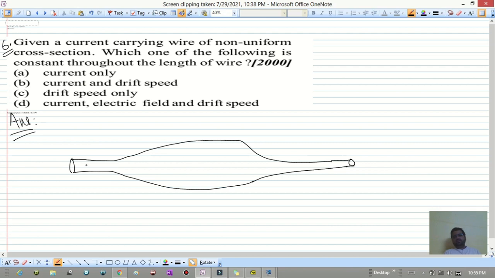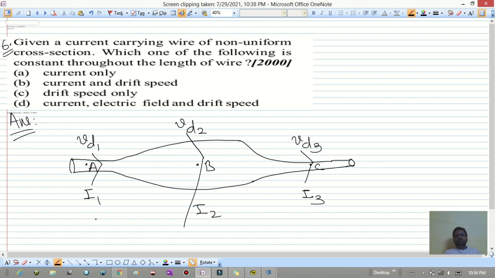At these points we'll consider A, B and C. The current at A is I1, at B is I2 and at C is I3. The drift speed at A is Vd1, at B is Vd2, at C is Vd3. The electric field at 1 is E1, at 2 is E2, at 3 is E3.